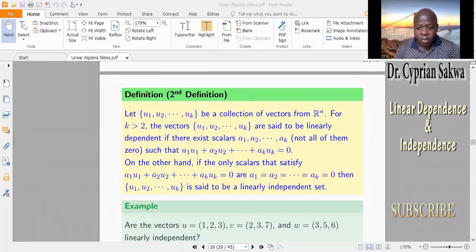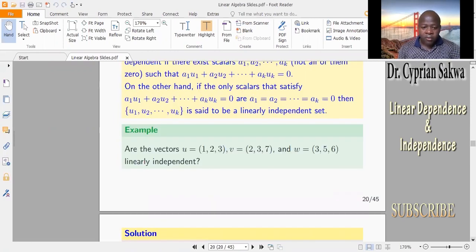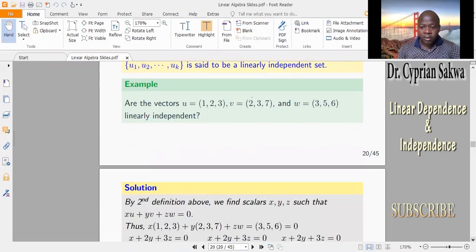So we want to apply the two definitions in our examples. The first example is: are these vectors u, v, and w linearly independent or are they linearly dependent? First of all I want to use the second definition.